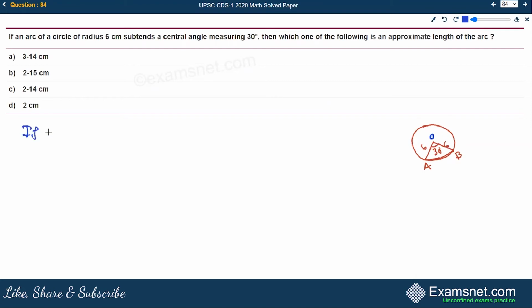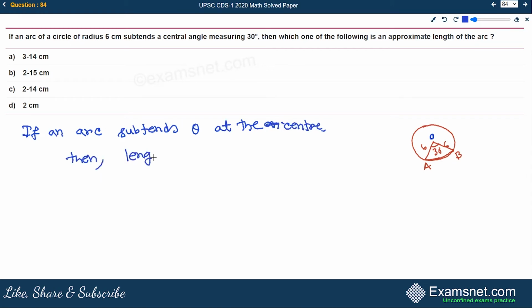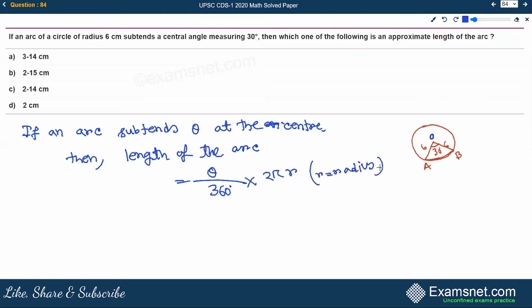If an arc subtends theta angle at the center, then the formula for the length of the arc is theta by 360 degrees multiplied by 2 pi r, where r is the radius of the circle.